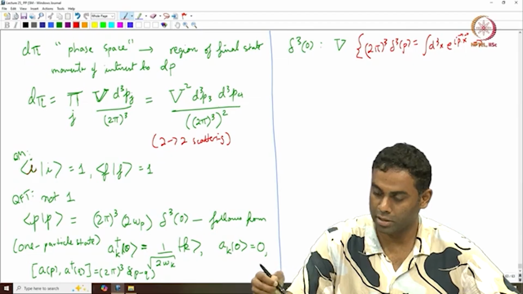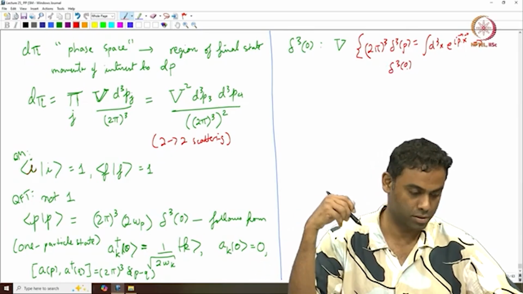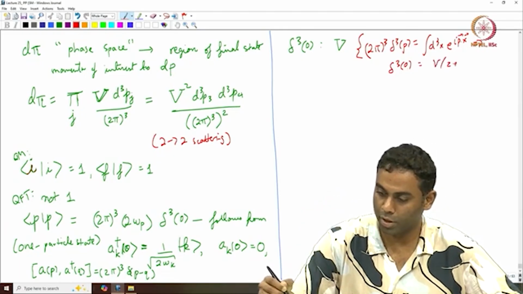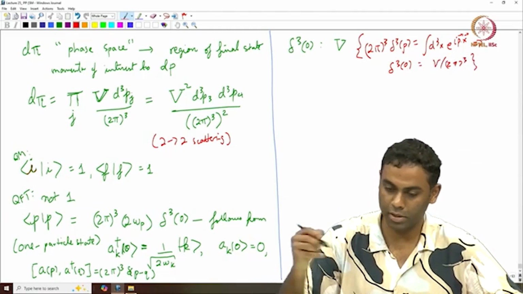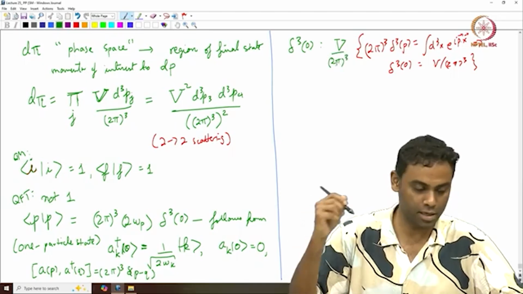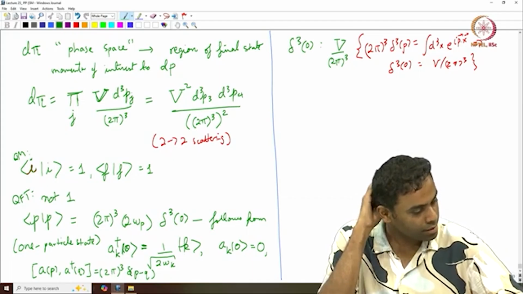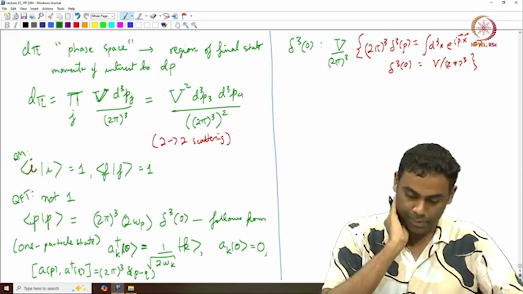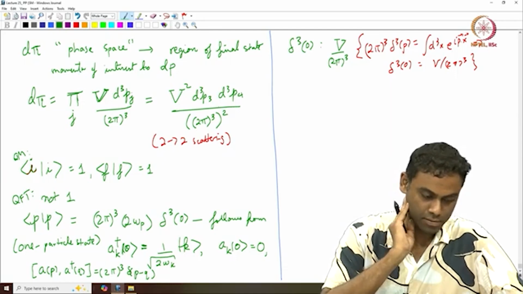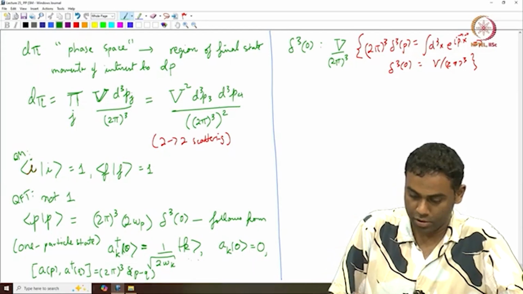So that means if I take p to 0, I get volume over 2 pi cubed. Yes, so it's actually volume over 2 pi cubed to be exact. So this is what we are going to make use of. Basically, we are going to make use of these commutators.